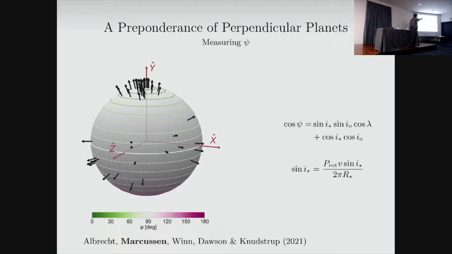You can see we actually find that a lot of these systems are aligned. So these are the systems up here on the y-axis. But there is also this band here around the poles where there is a clustering of planets on these polar orbits. So that's mighty, mighty strange. And of course, KELT-4 is another example of one of those.